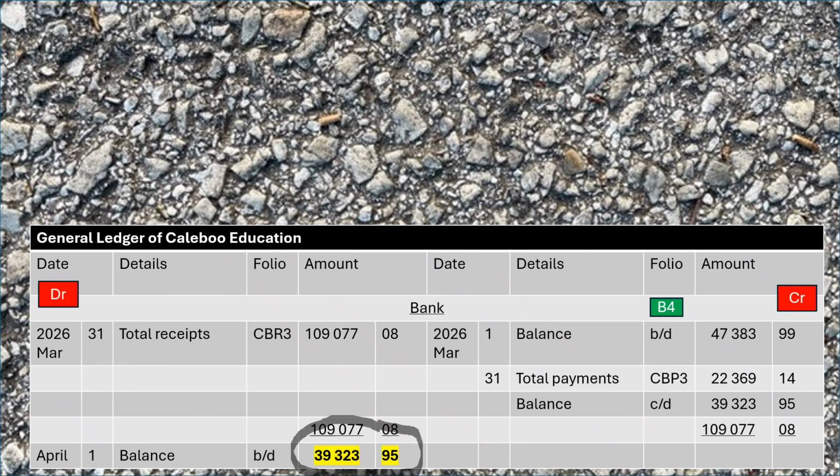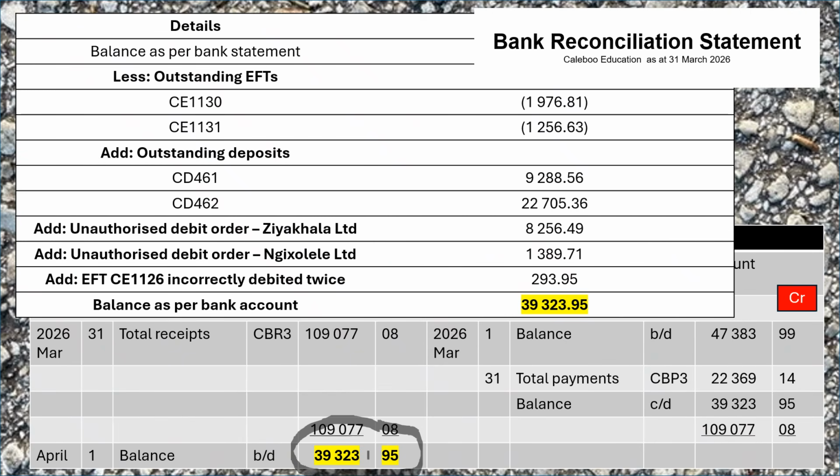We get to a balance in our bank account on the debit side, which is a positive balance of 39,323.95. But at the same time, we are recording transactions in our books on behalf of the bank. In our books, we do a bank reconciliation statement. So you can see this is for March.